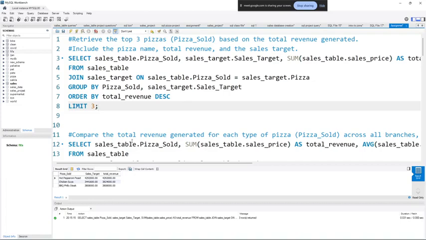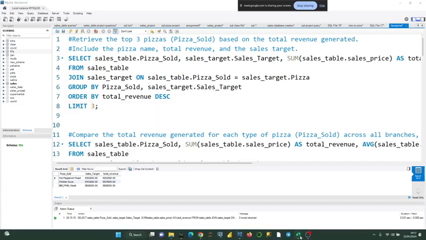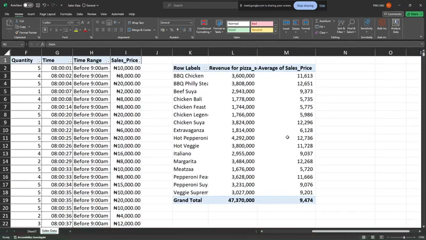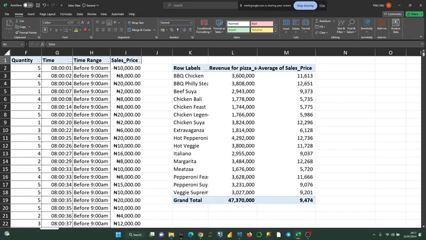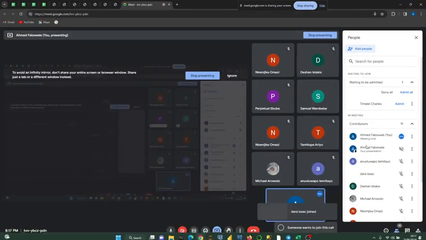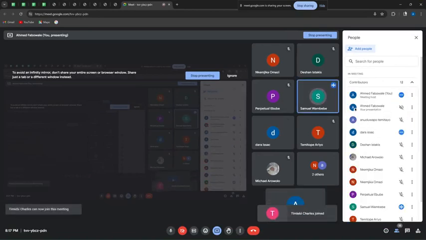Okay. It's just the table on Excel, right?